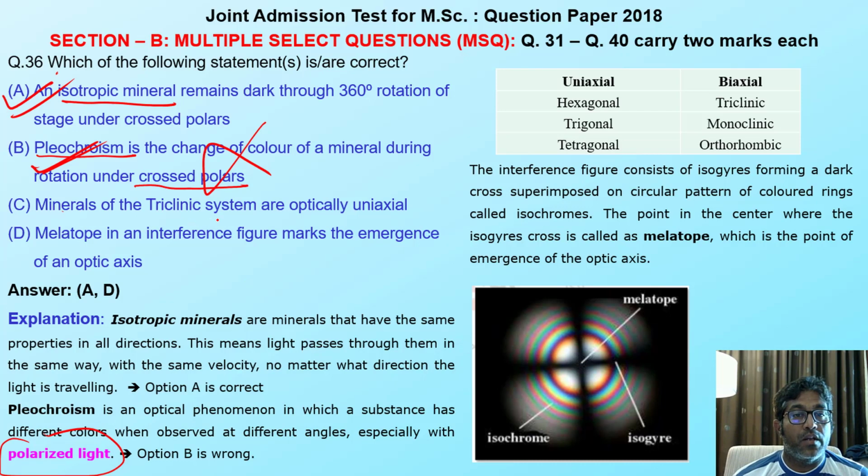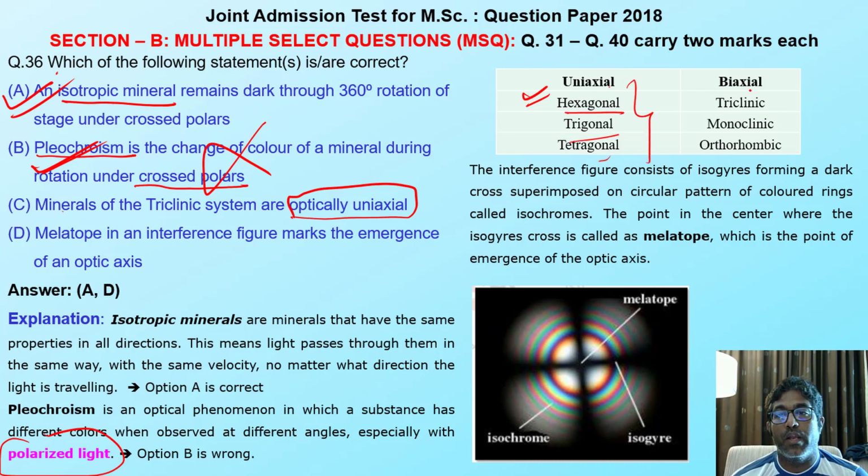The minerals of the triclinic system are optically uniaxial. Now I have prepared a table where you can identify in which system minerals crystallize as uniaxial or biaxial. Hexagonal, trigonal, tetragonal come in uniaxial, whereas triclinic, monoclinic, orthorhombic come in biaxial. So my triclinic system is biaxial, so uniaxial is the wrong option.